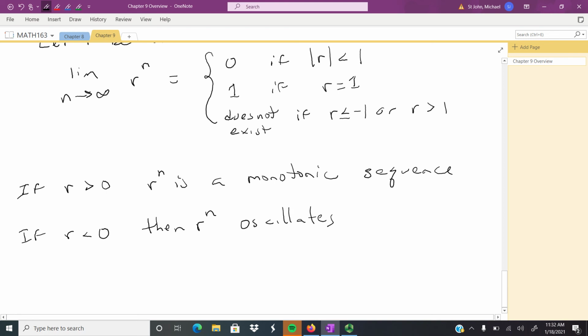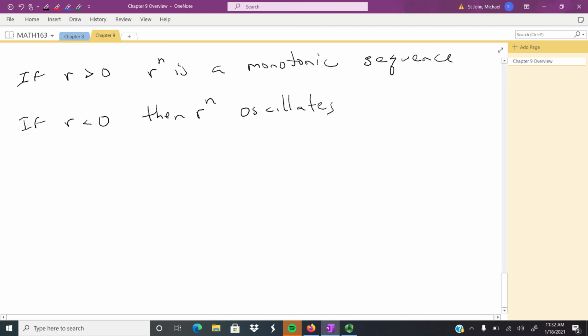So really what that means is that sometimes the answer is going to be positive and sometimes the answer is going to be negative. Right? And then a bounded monotonic sequence converges.